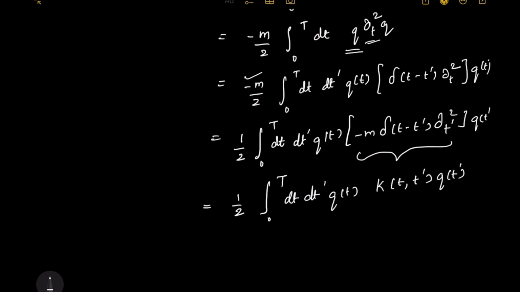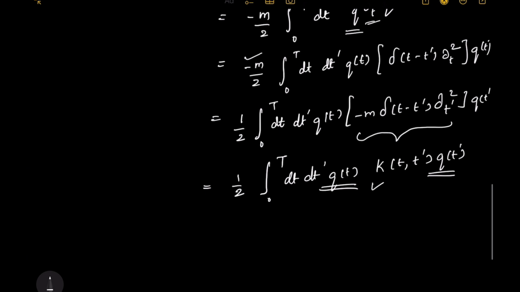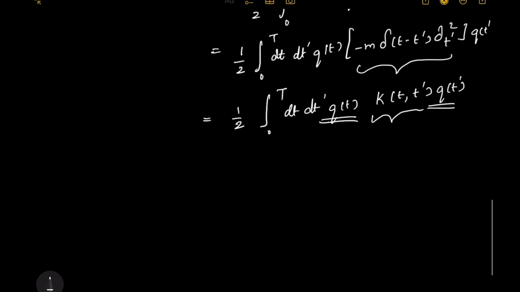So we can view the t in q(t) as an index, a continuous index, and view q(t) and q(t') as vectors. This implies K(t, t') situated in between the vectors is a matrix in the space of q(t). This is very important.